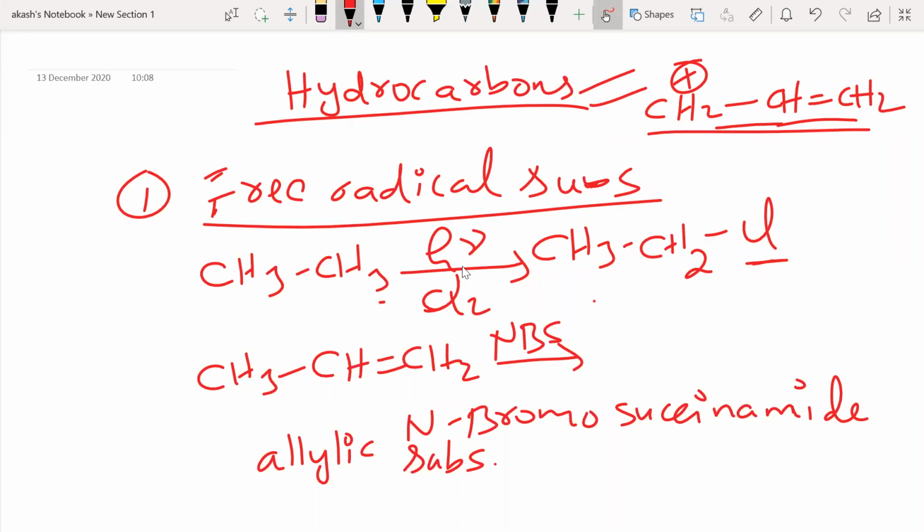So when I say allylic bromine substitution, this is allylic substitution of bromine. Say this is the double bond and this is the allyl position. So you will see that I'm going to have CH2 Br, and this is going to stay.